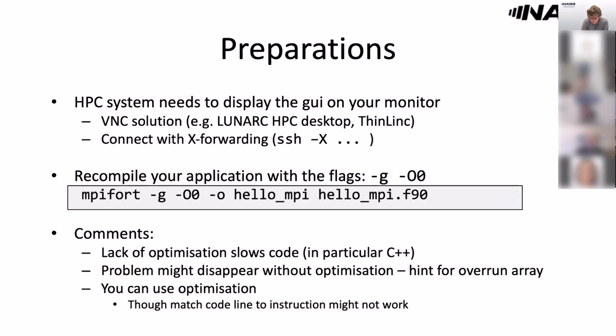That is because the code gets reordered, and for instance, if you overrun a data structure such as an array, the data structures might be organized in a different fashion than they were organized beforehand.